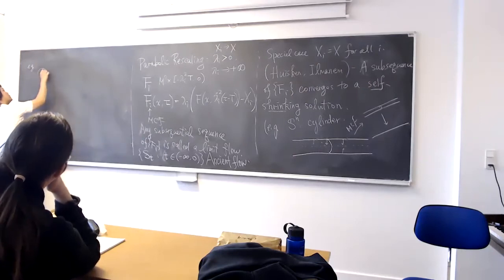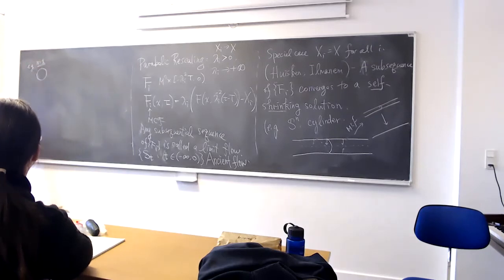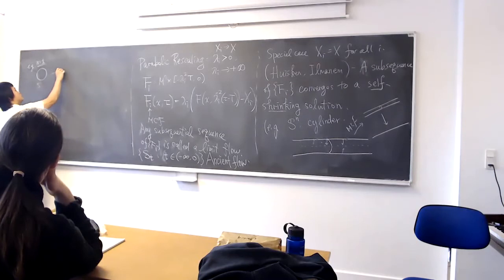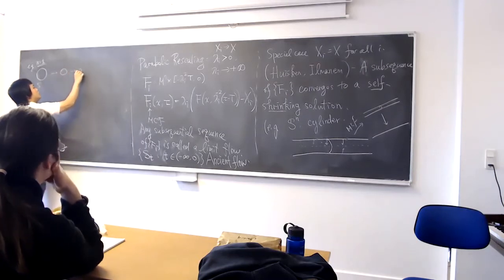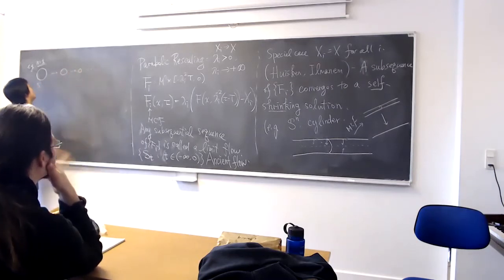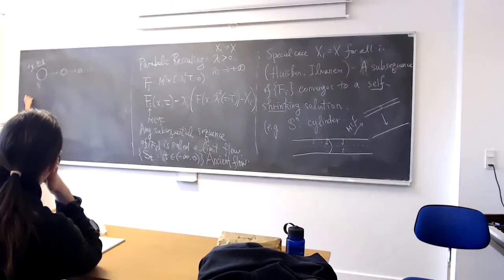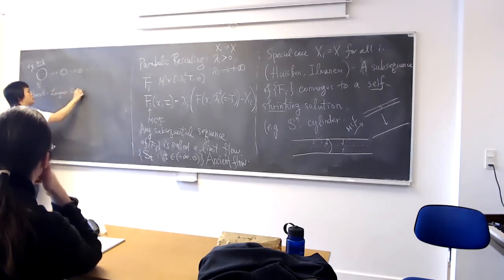Well, the sphere. This is the case when n equals 1. The sphere is a self-shrinking solution. Actually, in the case of n equals 1, it's completely classified. You can actually find all the self-shrinking compact solutions, and they are called the Abresch-Langer curves.